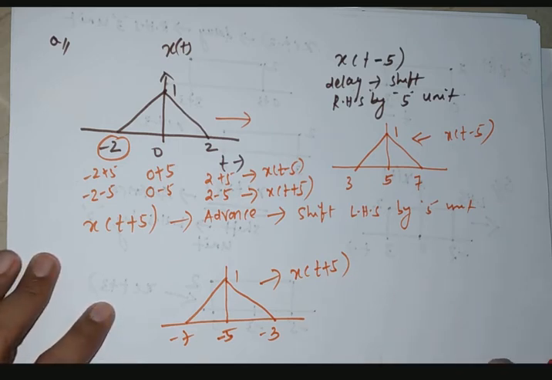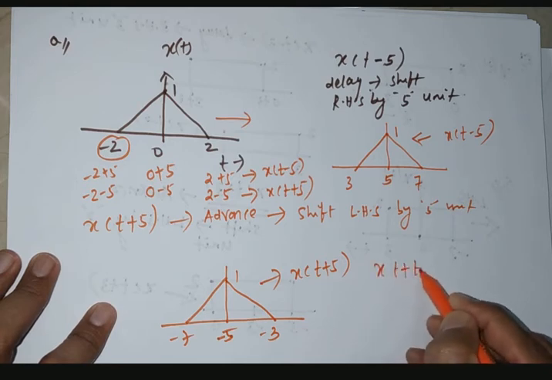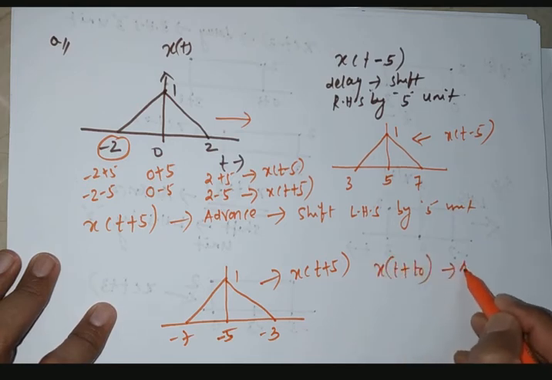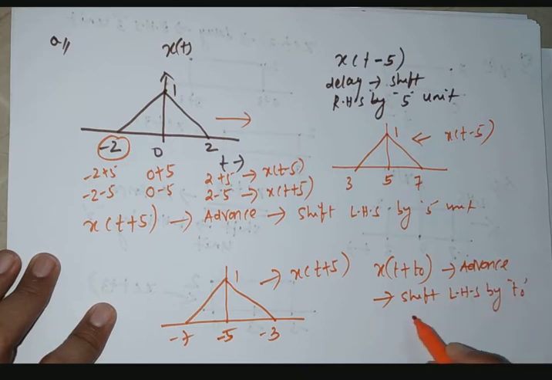This is clear, means you must clear that when you are doing delay means you have to shift right hand side. Okay, again I want to summarize. X of t plus t0 means it is an advance. Advance means shift left hand side by t0 unit.